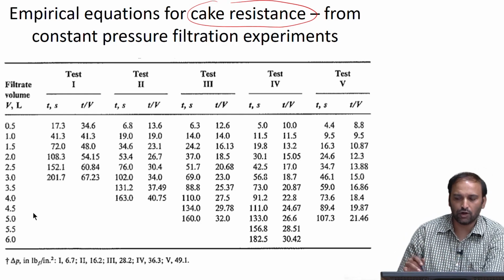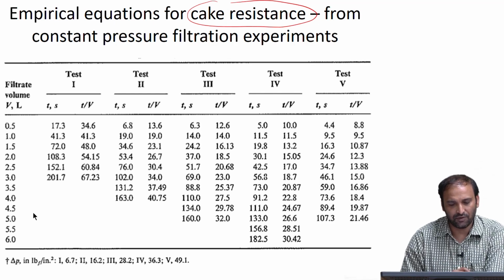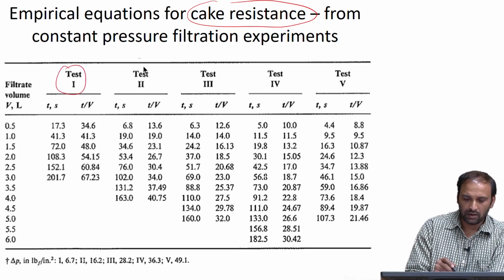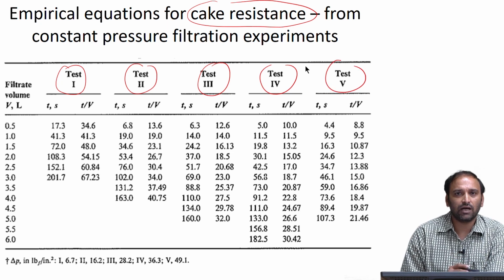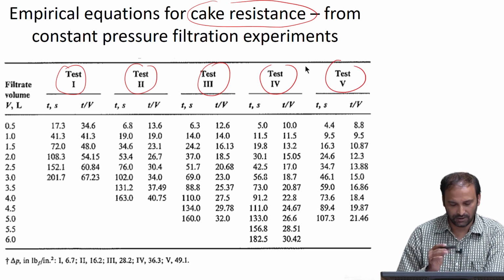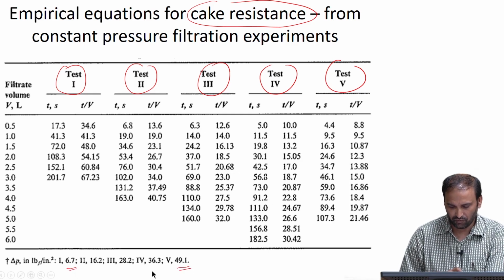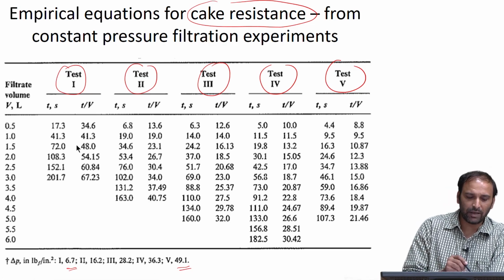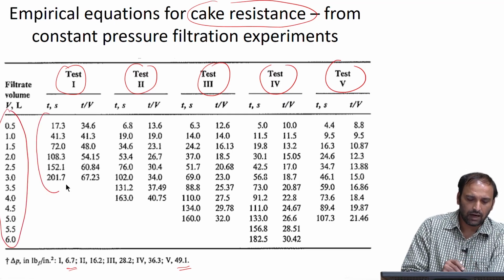What you are looking at is data from different filtration experiments: test 1, test 2, test 3, test 4 and test 5, done at different pressure drops, 6.7 all the way up to 49.1. During each experiment you collect the filtrate volume and the time.